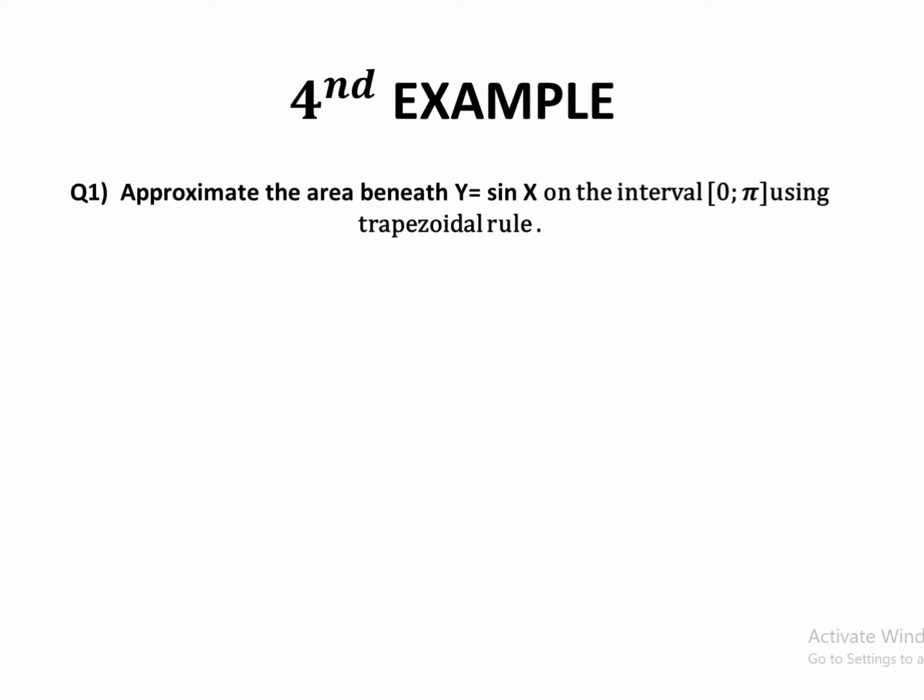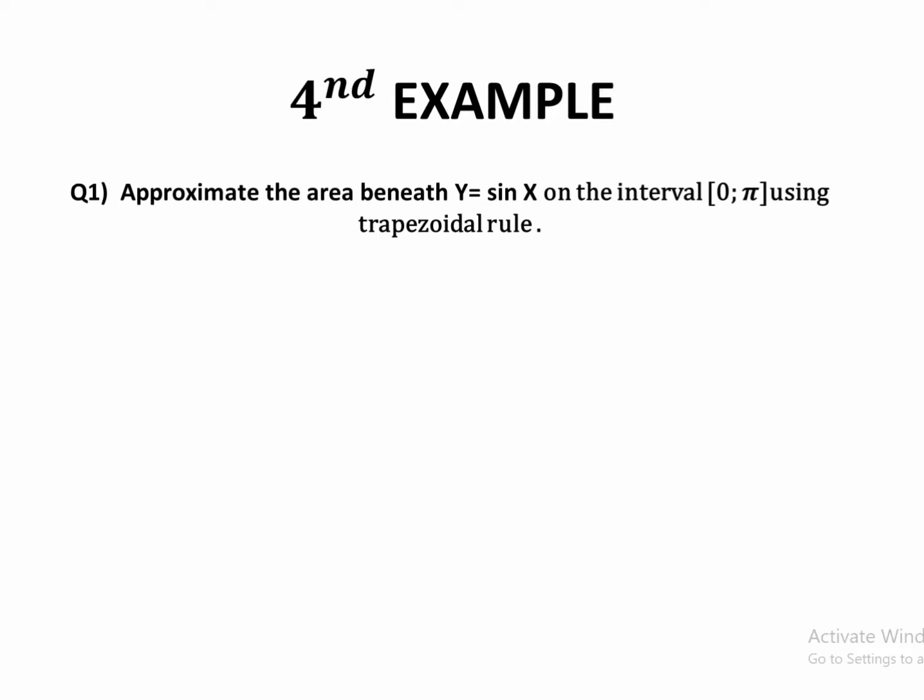Now sometimes it happens that in the example the number of intervals is not given, so we have to assume the number of intervals. We should not assume so many intervals that our example becomes too lengthy or too difficult. Also we should not assume too few intervals, because then our answer is more approximate; it should be very near to the exact one.